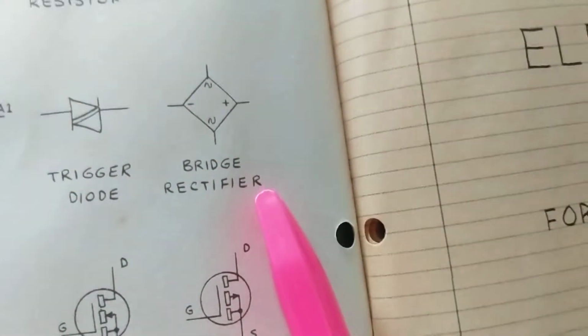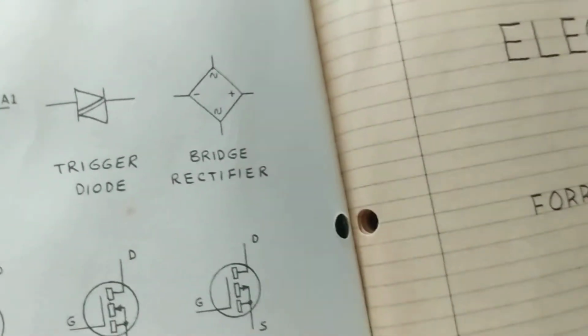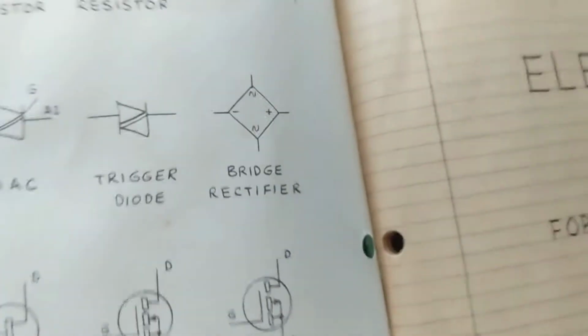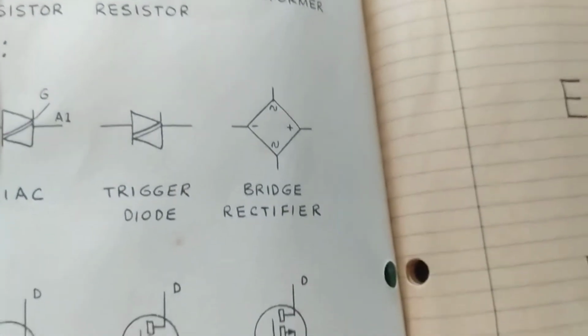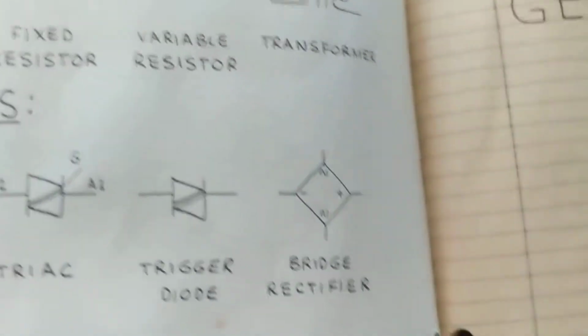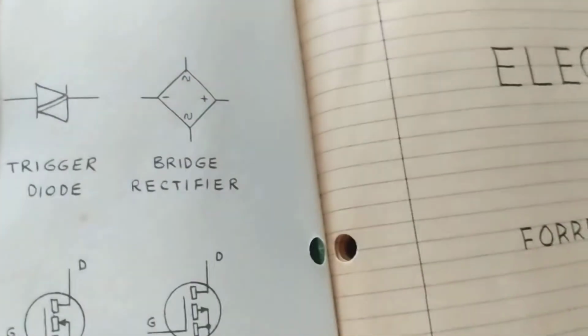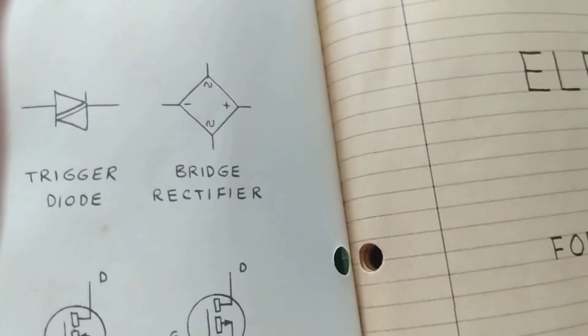You have to concentrate on the bridge rectifier. After the AC, you want to change it to DC. Going back to our example, the alternator in your car is an AC generator. It gives out AC, but the battery does not need AC to replenish it, to recharge it.